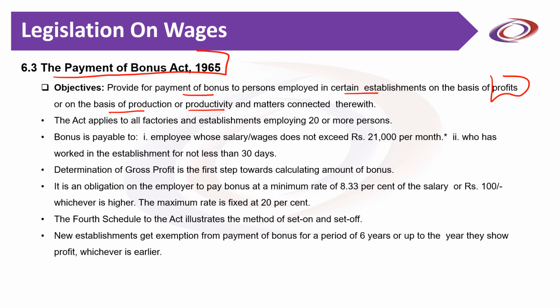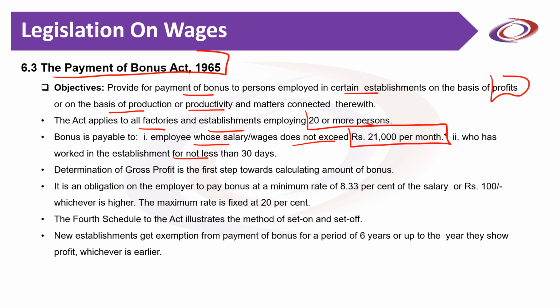The act applies to all the factories and establishments that are employing 20 or more persons. Bonus is payable to persons whose salary or wages do not exceed rupees 21,000 per month and who have worked in the organization for not less than 30 days. If not disqualified to claim bonus due to fraud, theft or any misconduct, people have to be paid the bonus.